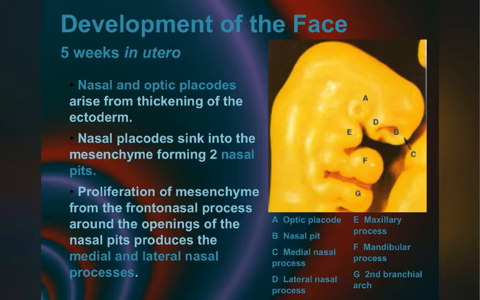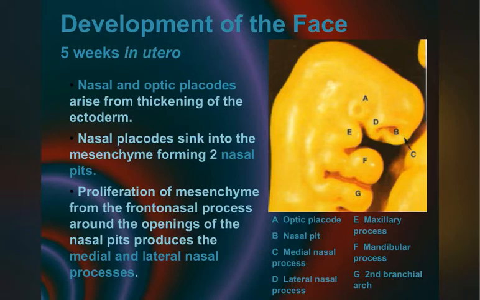So the nasal placode is a local thickening of the ectoderm at the site where the nasal pit will start to appear. So it starts as nasal placode, then it becomes nasal pit, then the nasal pit becomes nasal orifice when it digs deeper to make the nasal cavity.